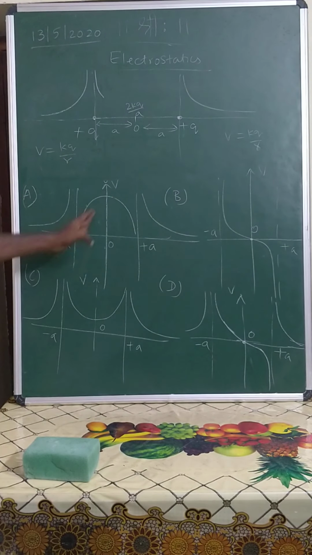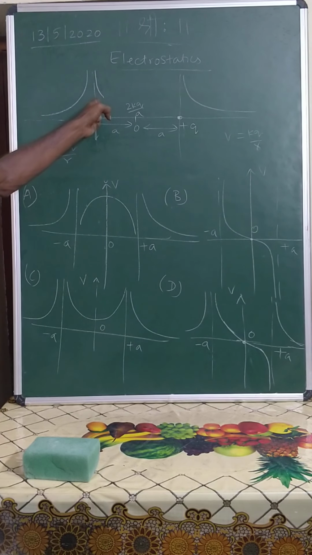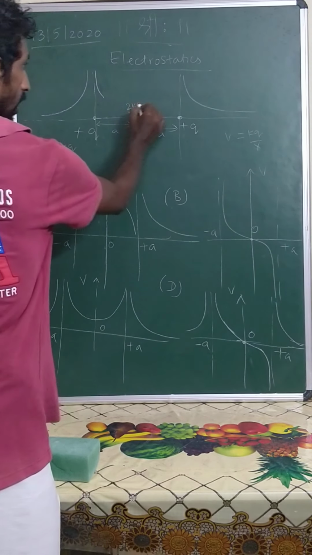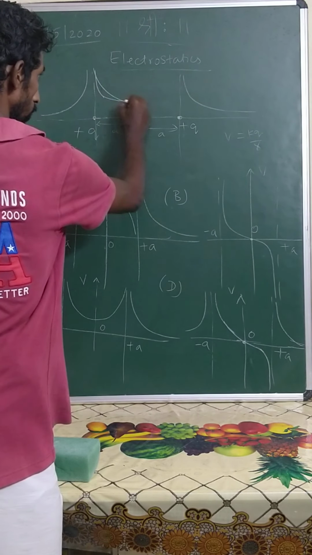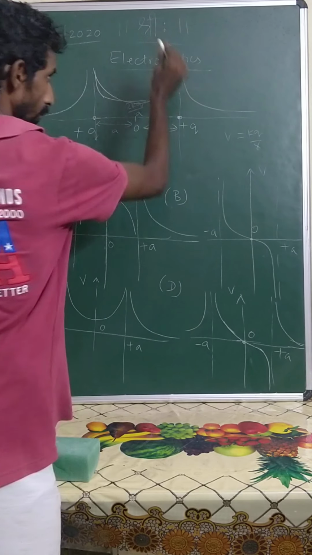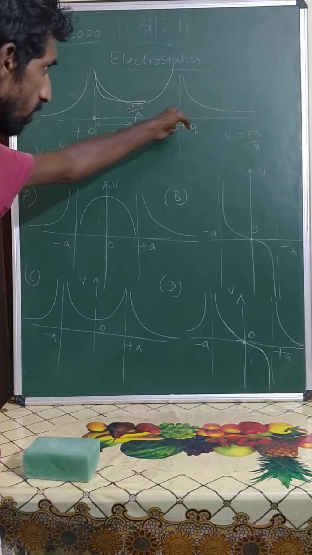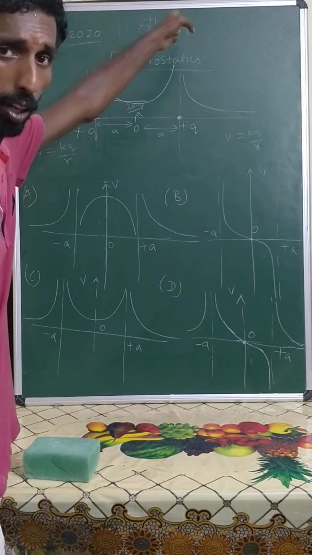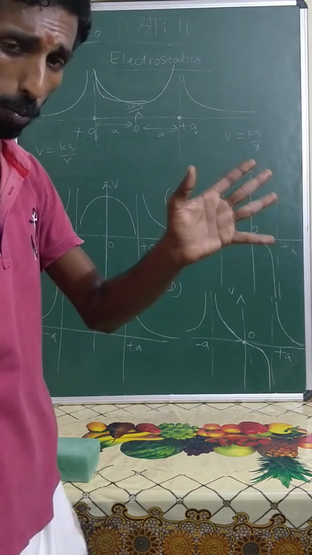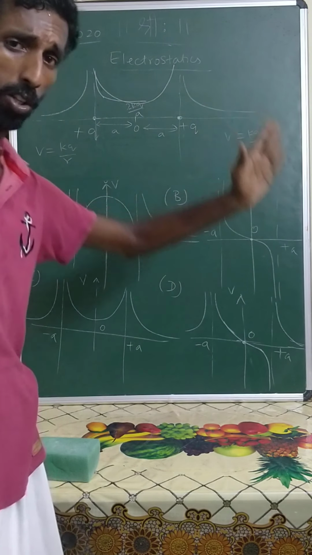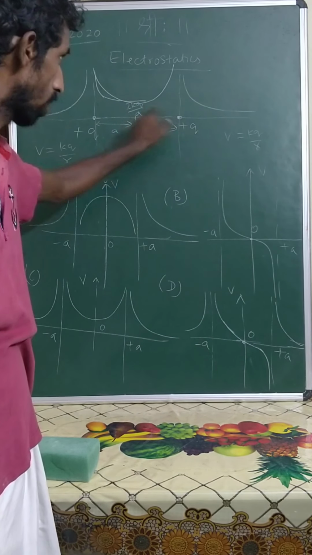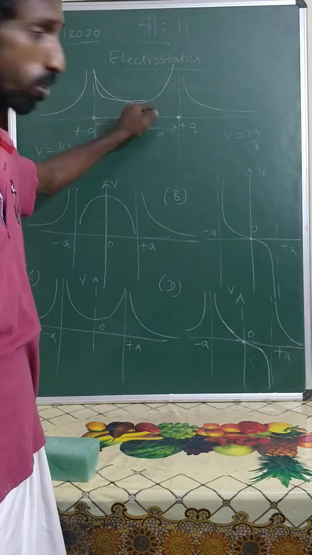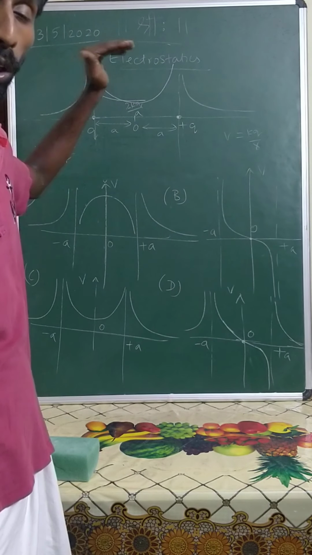So very near to a charge the potential will be infinity. Far away from the charge, potential keeps on reducing, but between them it is not moving to 0 because of the other charge's potential also acting there. So it has a finite value 2kq by A.